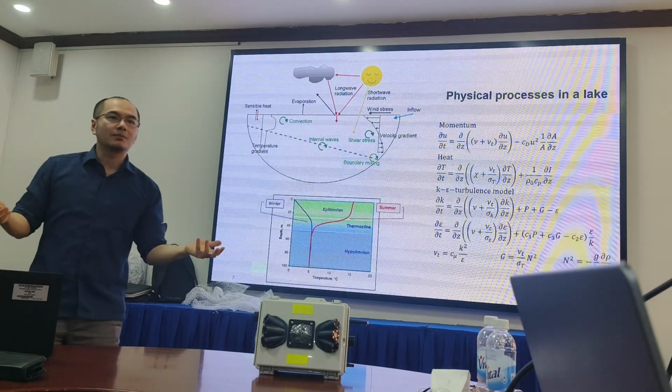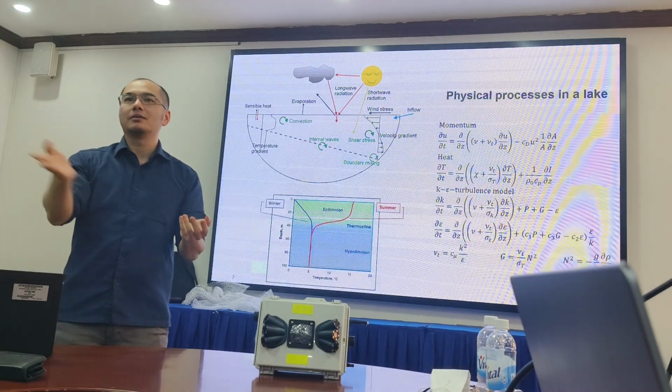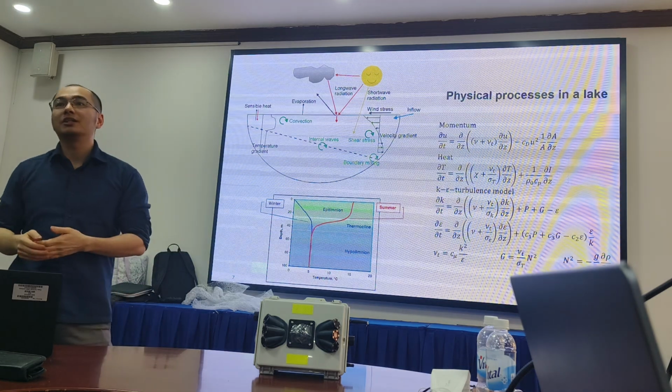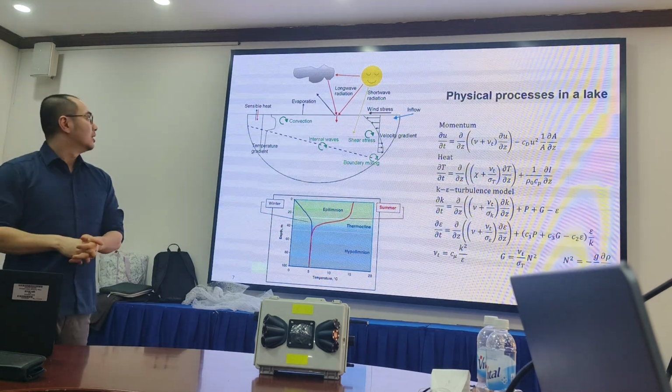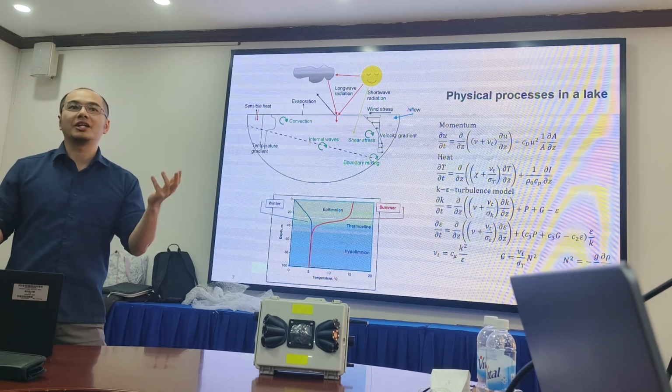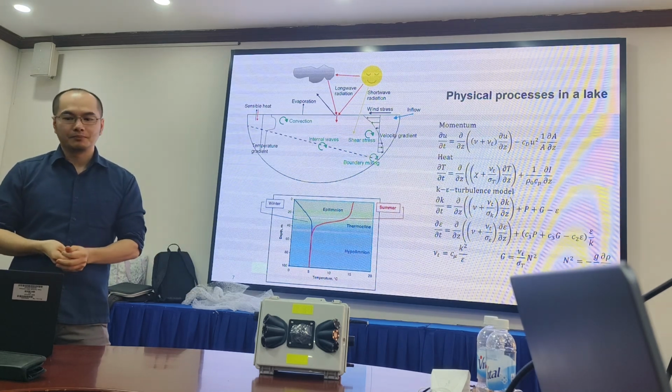You have the wind. Of course, the wind is a big factor in stirring the water, putting more velocity gradient inside the lake. There is also evaporation and heat exchange between the air and the water.